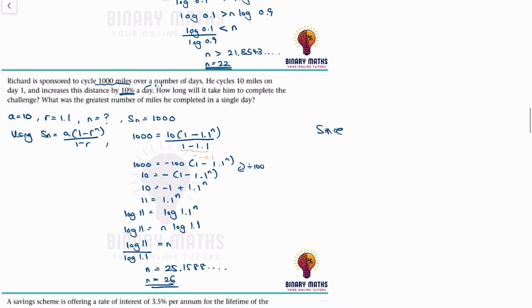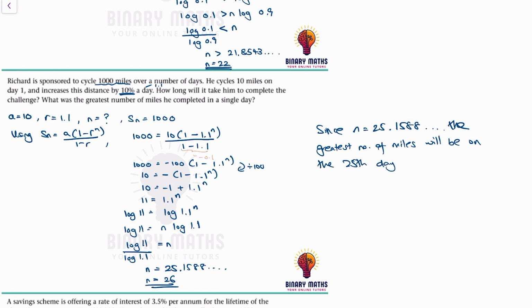Since n is equal to 25.1588 blah blah blah, it means obviously he didn't cycle much on the 26th day, so the greatest number of miles will be on the 25th day.